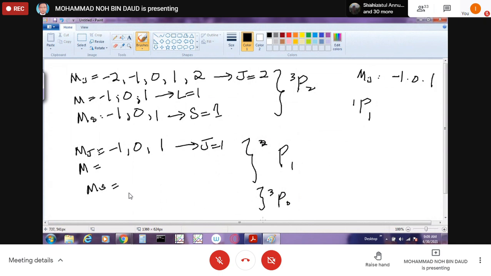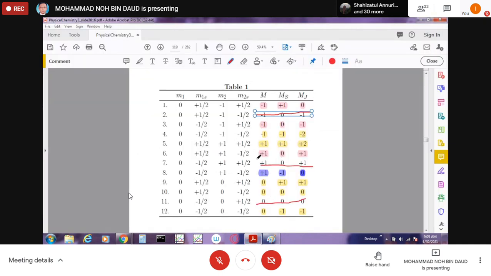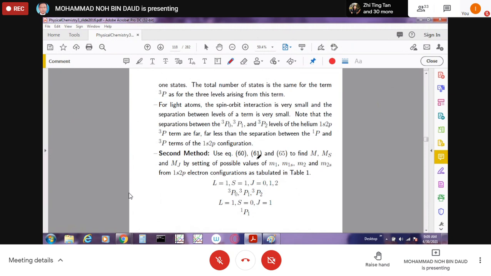Okay. So you also here can use these tables to get all possible term symbols for this electronic configuration sp.